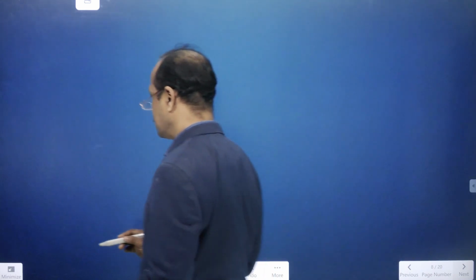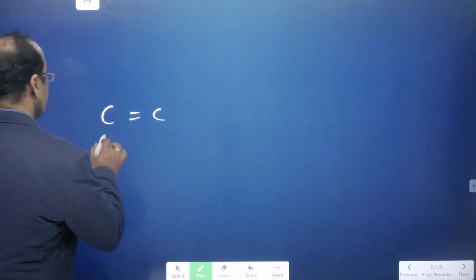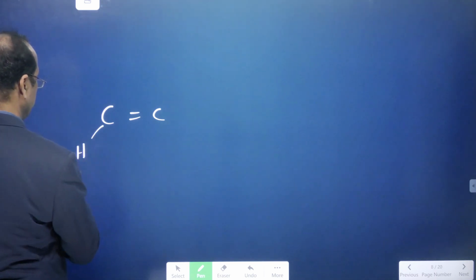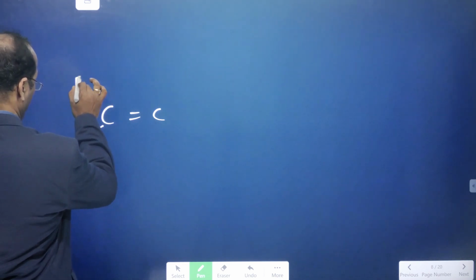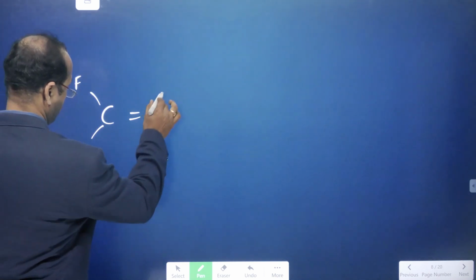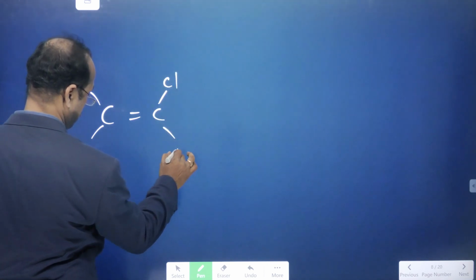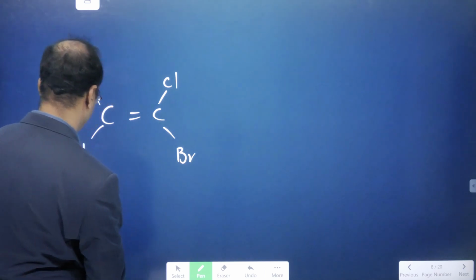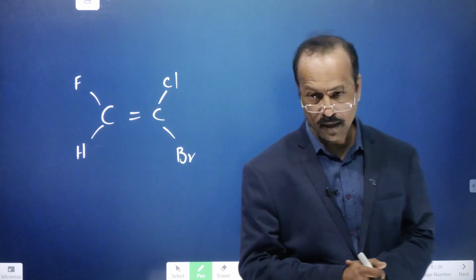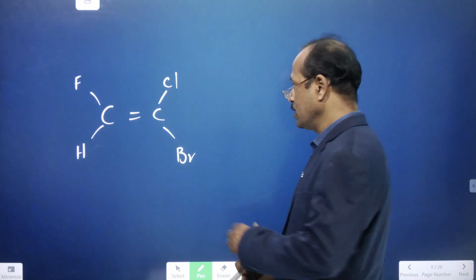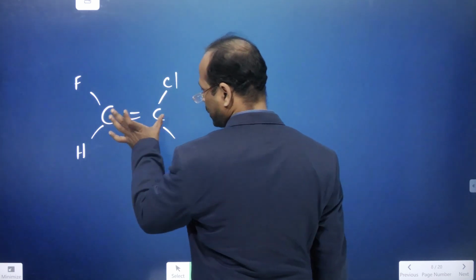Let me give an example: carbon double bond carbon with hydrogen, fluorine, chlorine, bromine as the substituent groups. These are the two carbons, 1 and 2, with a double bond, so this comes under ethene.